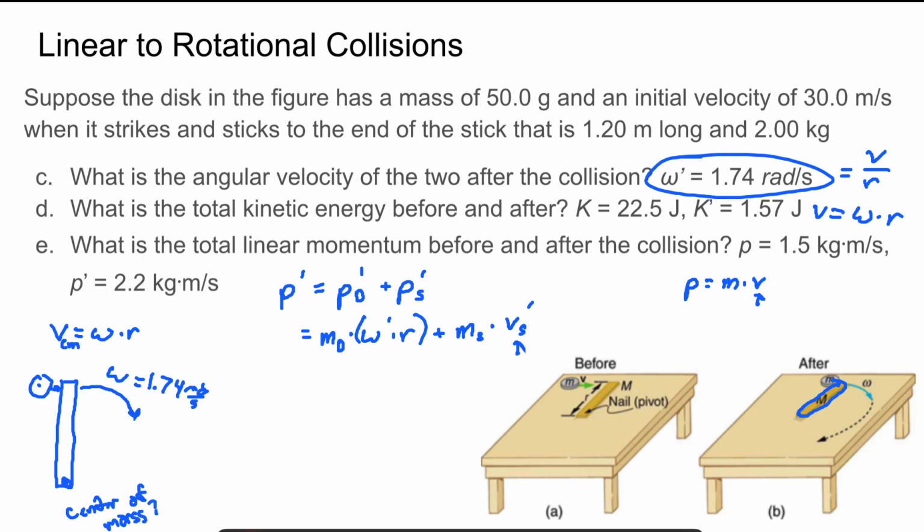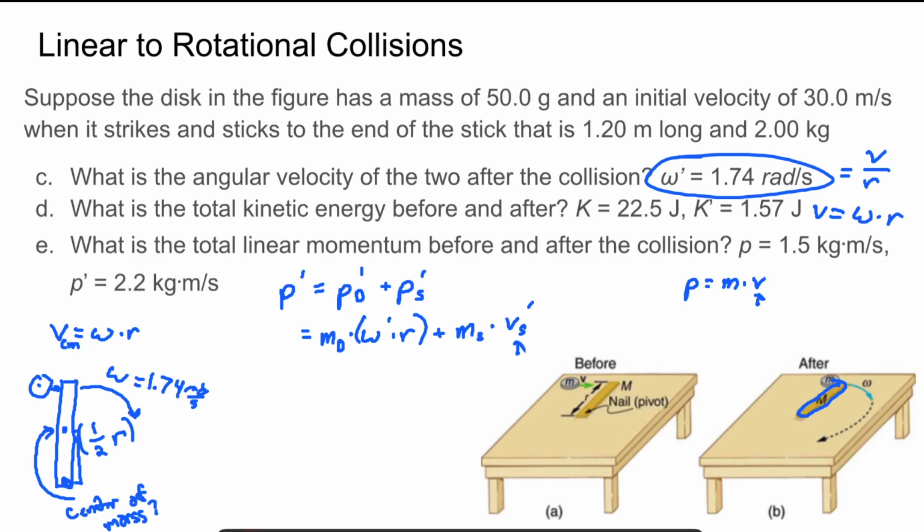Where is the center of mass in this stick? It's right here. It is a distance of 1/2 of its length, which we're calling radius, away from that pivot point, right? So its distance is only 1/2 of the radius.